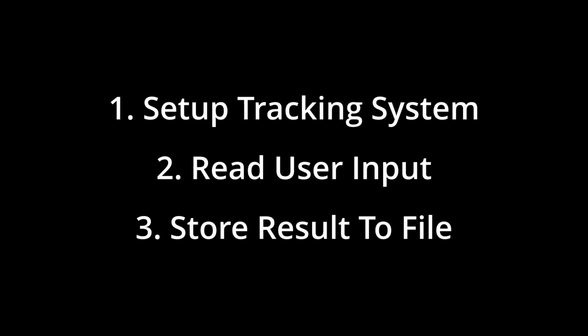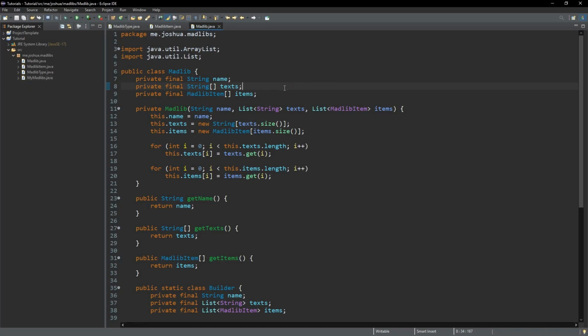Now that the first goal, set up the tracking system, is complete, let's go on to the second goal of reading the user input. So there's 3 different aspects that we need to change in order to start accepting user input.